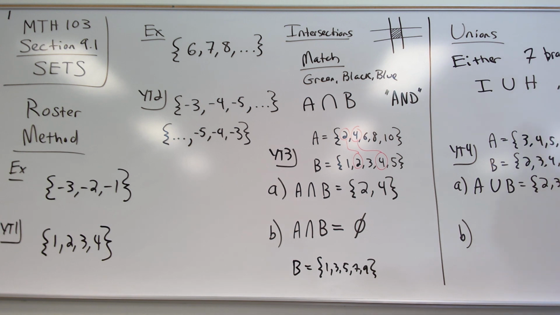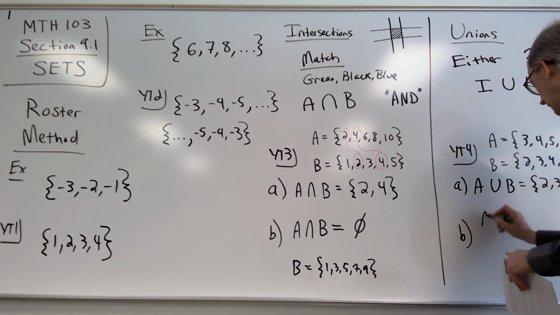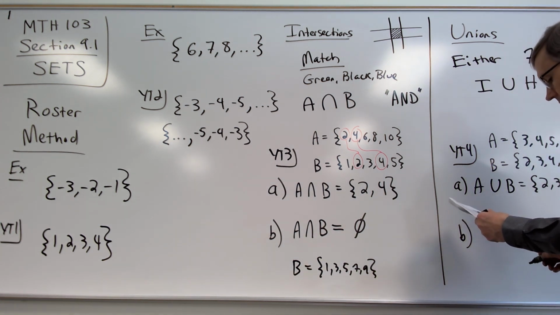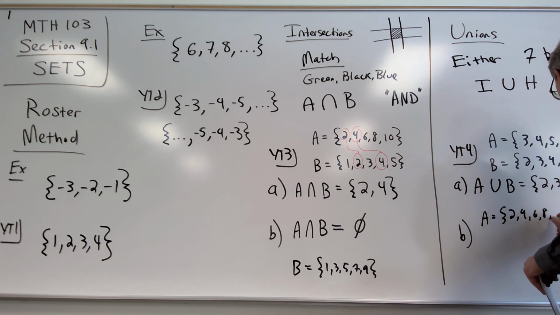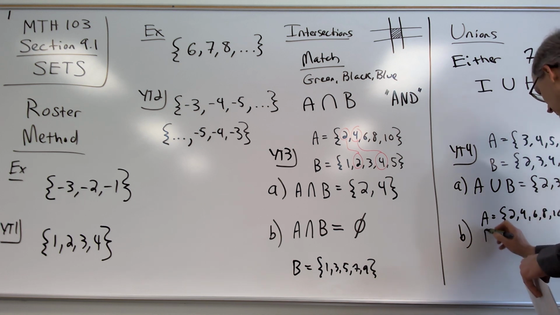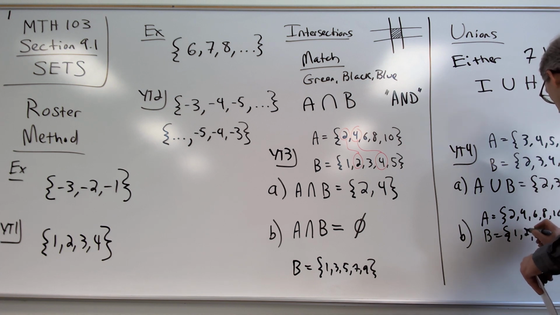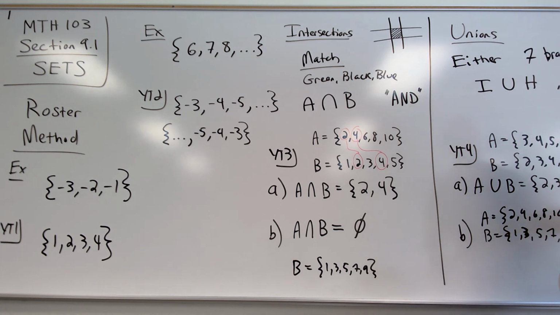Now for B, A is the evens and B is the odds. And between the two, we have every number between 1 and 10.